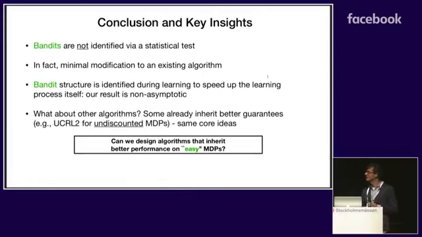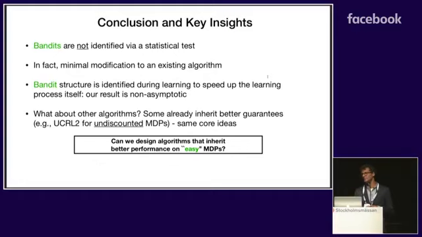I guess the main conclusion is that we are able to transition between the two frameworks. The bandits are not identified via a statistical test, and to me this is really surprising. It really means that there might be other frameworks that allow you to obtain a simplification of this type.